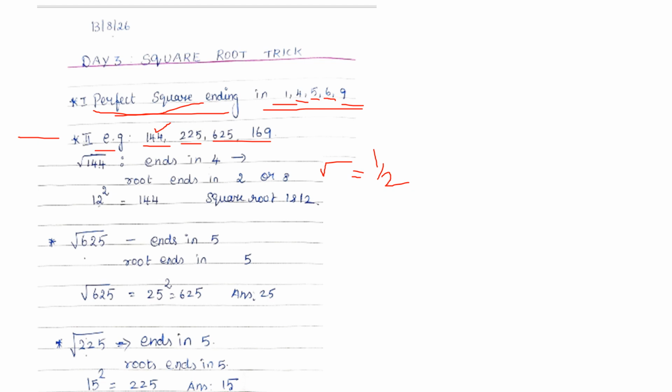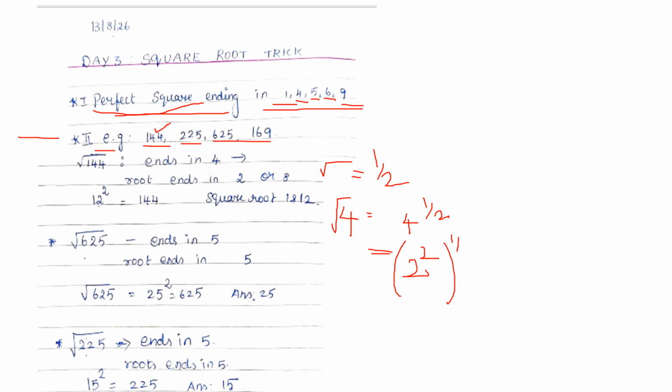If you need the square root of 4, it means 4 power 1 by 2. How will you write 4 as a square? That is 2 squared. So the square root of 4 is 2 squared power 1 by 2.